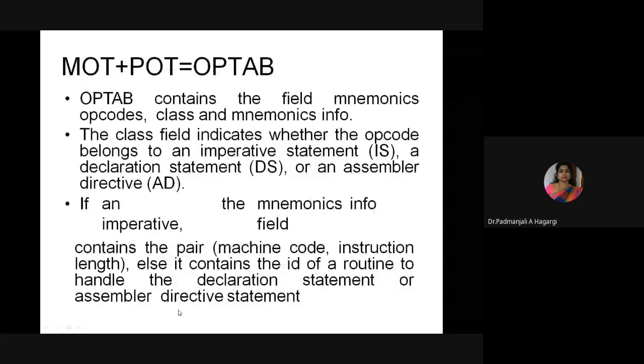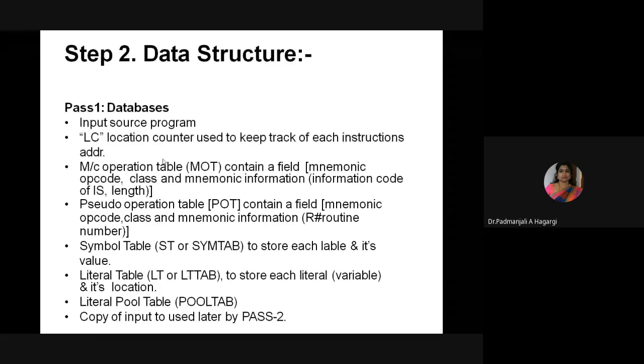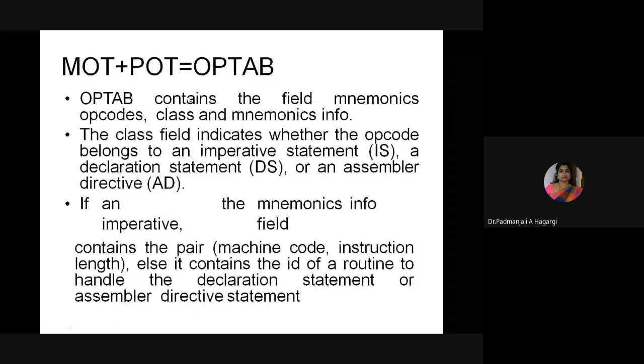The mnemonic operation table and the pseudo operation table form the generation of the operation table. Now, how does the operation table look? It contains the fields of the operation codes and the class of the mnemonic, in the sense of what class they belong to: imperative, or DS, that is declaration storage, or assembler directive.